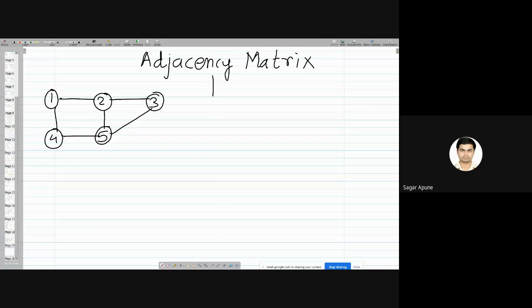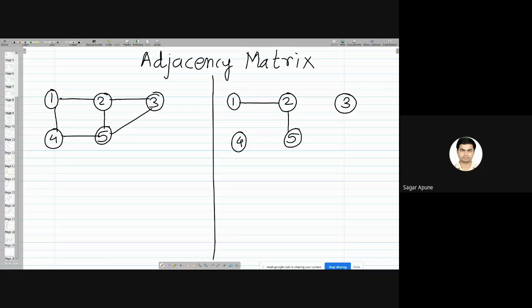Same graph for directed. Here I have written 1, 2, 3, 4, 5. Here direction is there. 1 to 2, 1 to 4, 4 to 5, 5 to 3, 2 to 5, 5 to 2, and 2 to 3.